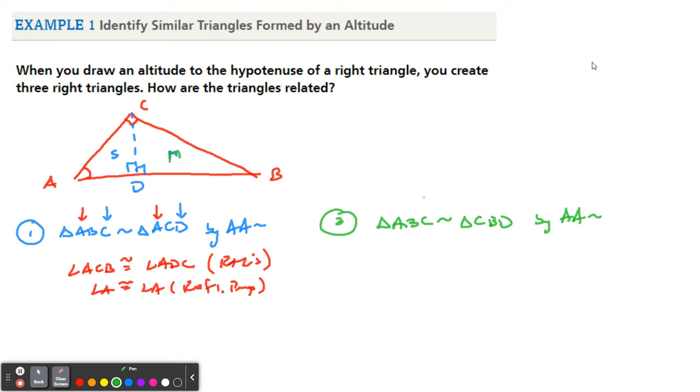So the big triangle's is at C. The medium triangle's is at D. And then, I'll do it in green, they share angle B. Right? Angle B is in the big triangle and in the medium triangle. So where B is, that's where B is. So we know that angle ACB is congruent to angle CDB because they are right angles. And then we know that angle B is congruent to itself by the reflexive property.